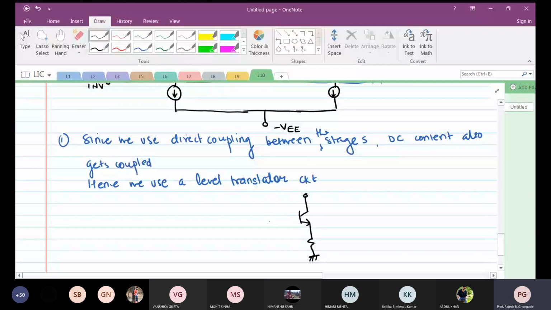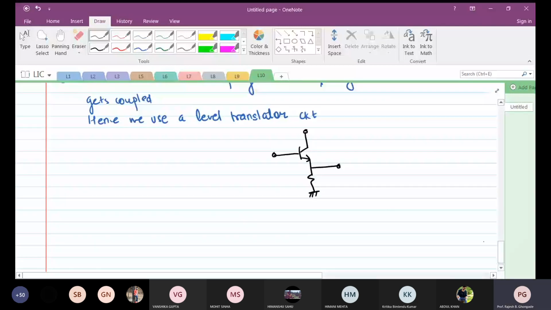First of all, tell me one very simple thing. If I use a circuit like this, which transistor configuration is this?